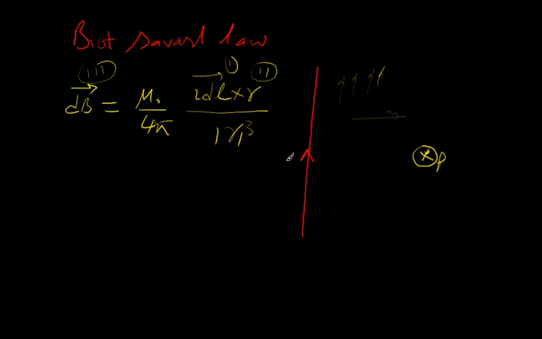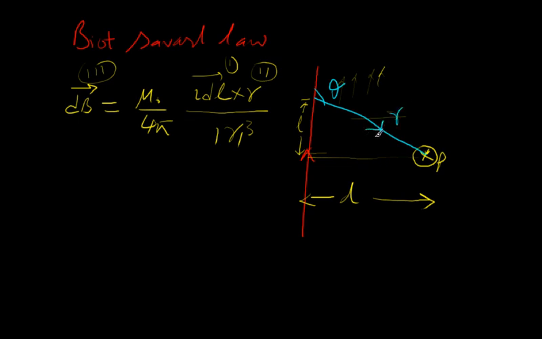If we need to find the magnetic field due to the current element of length L, this is the current element of length L, and the distance from the current-carrying wire to the point is D. Our convention is to take this angle as theta, and this vector would be R.